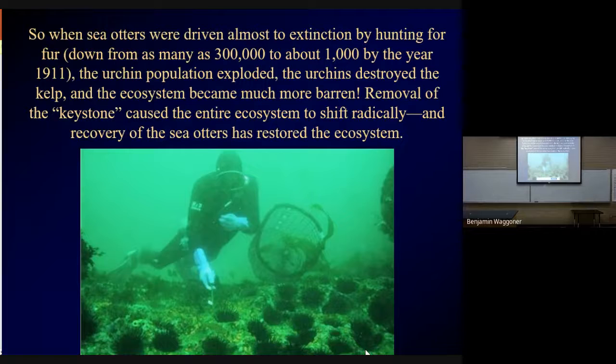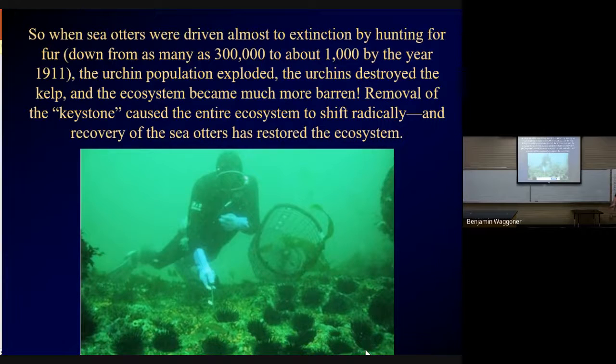Sea otters were driven almost to extinction by the fur trade. Remember, I mentioned that their fur is very, very warm and snug. This made them very attractive targets in the 1700s and 1800s, mostly for Russian fur traders coming from Alaska down the Pacific coast. There was actually a Russian fort in Northern California for a time, a place called Fort Ross.